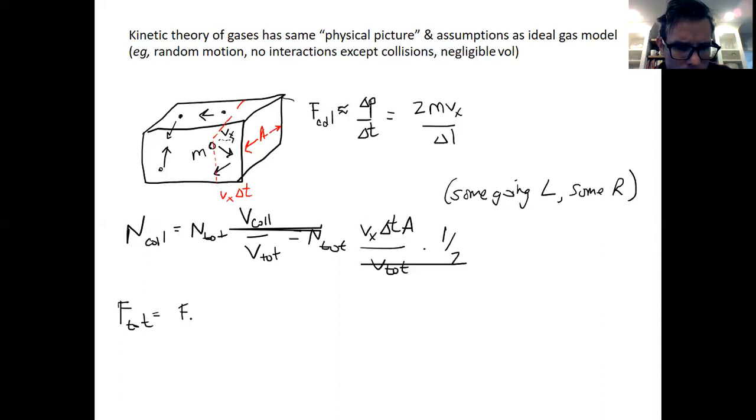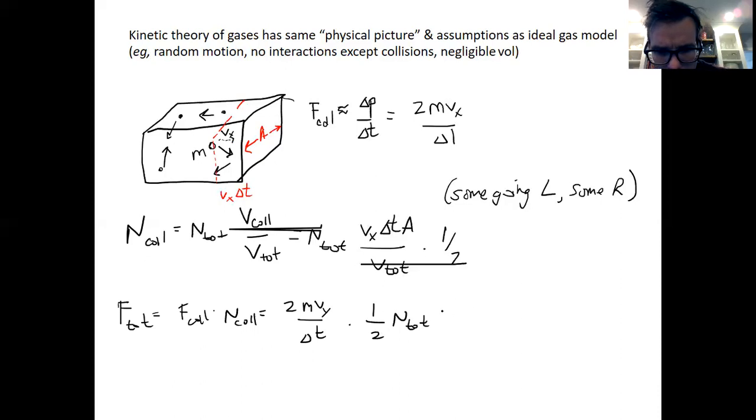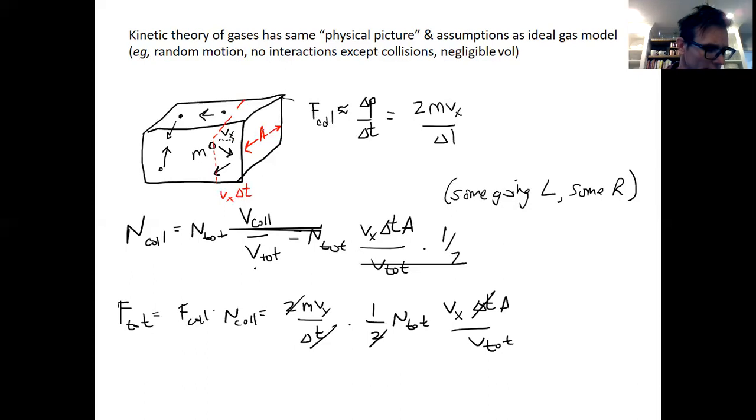Right, force total equals 2m Vx delta t times 1/2 N tot Vx delta t A divided by V tot. Do some cancellation. Cancel, cancel, cancel, cancel. And I get an expression which looks like this.